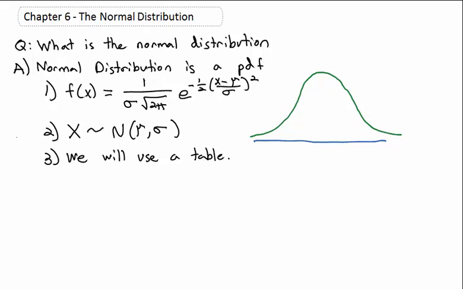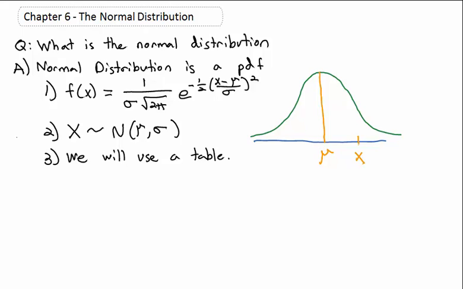And the idea is the mean is right in the middle. Most values are going to be close to the mean, and the farther you get from the mean, fewer values are going to be out there farther from the mean. It's completely symmetrical, which is going to be nice, so we're just as likely to be 2 standard deviations above the mean as we are to be 2 standard deviations below the mean.